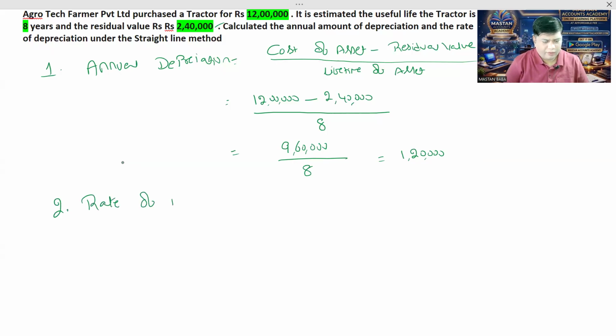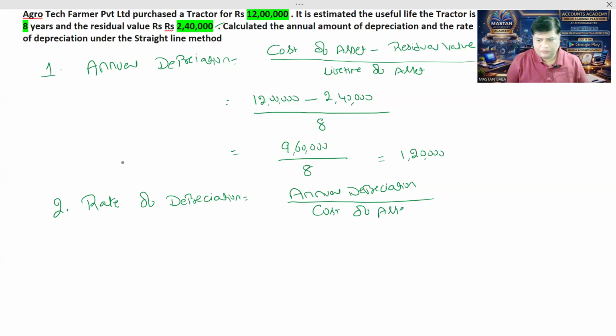And second one is rate of depreciation is equals to annual depreciation divided by cost of asset into 100. So just calculate now: annual depreciation is 1,20,000 and cost of asset is 12 lakh. 1,20,000 by 12 lakhs into 100.